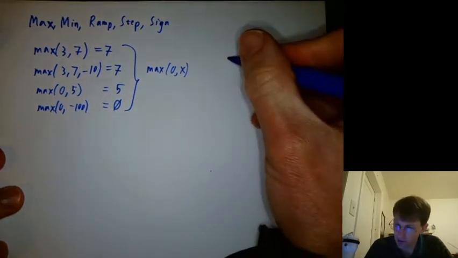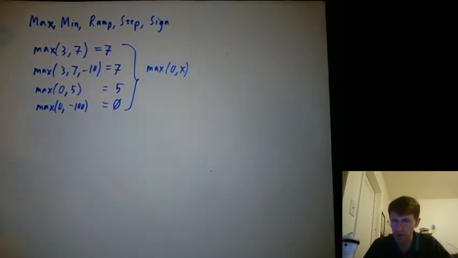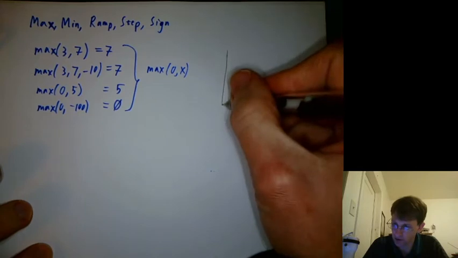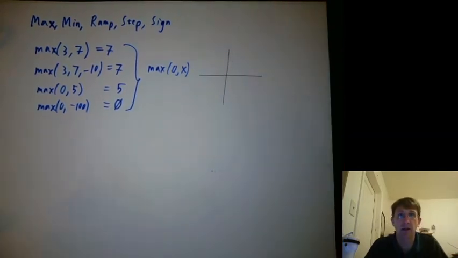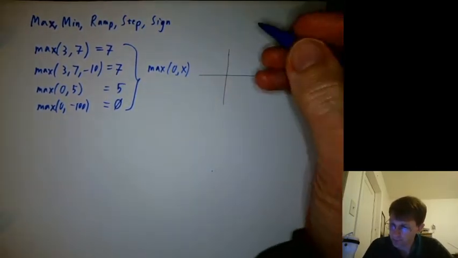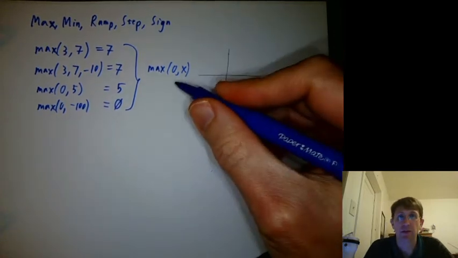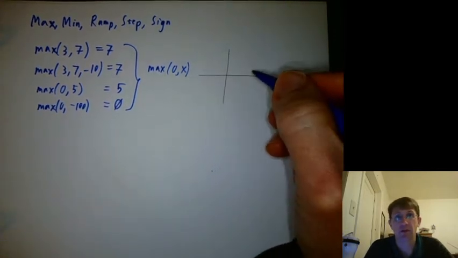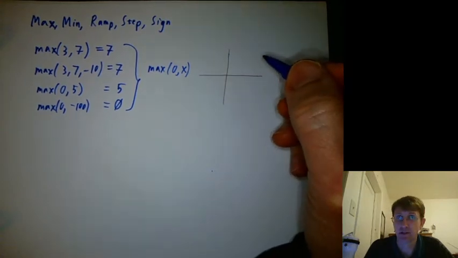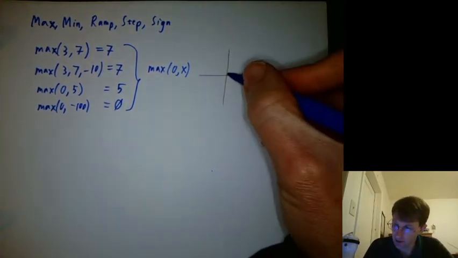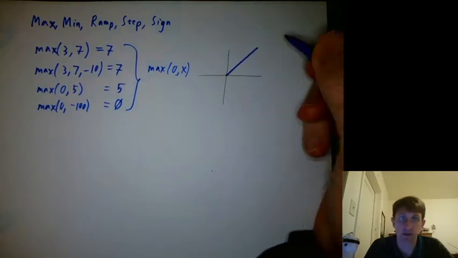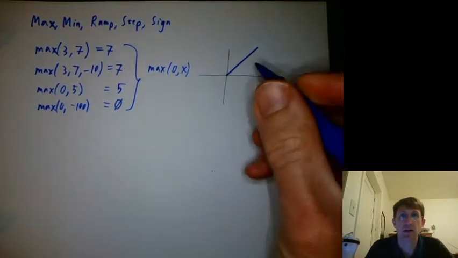And if we plot that, actually you need to be a little careful in plotting it. So there's my axes. For x greater than 0, which is bigger, 0 or x? Well, for x greater than 0, x is greater than 0, so you just get x. So you just get y equals x over here, a 45-degree line.